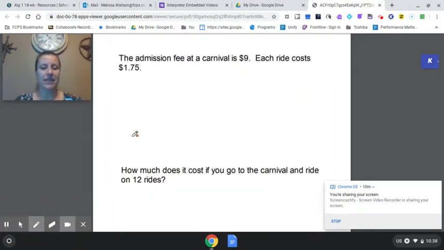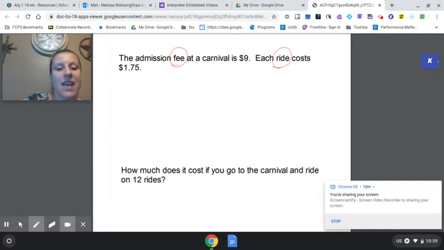Okay, here's the next example. The admission fee at a carnival is $9 and each ride costs $1.75. So we have the fee, that's one of the variables. And then we have the idea that we're going to have a cost per ride. So the number of rides would be the second variable.